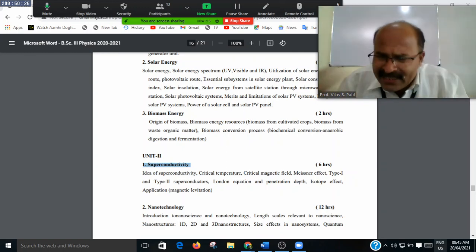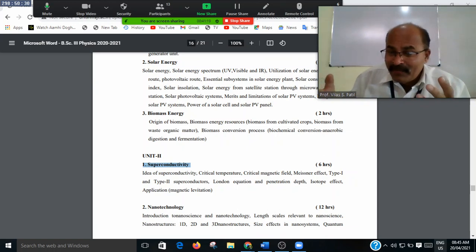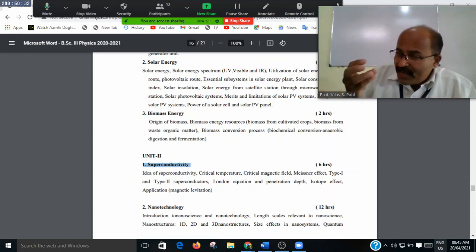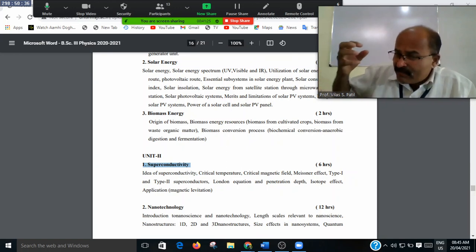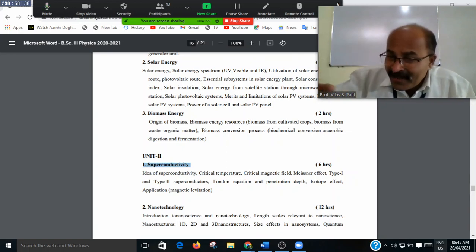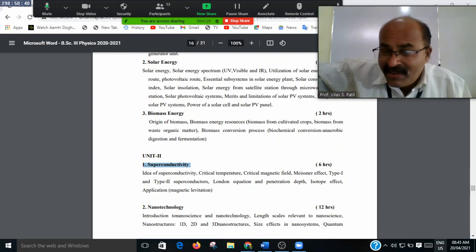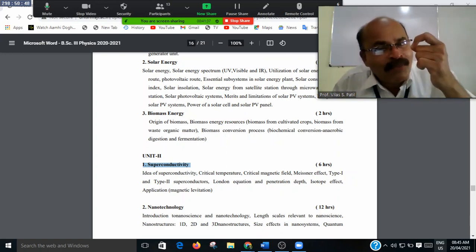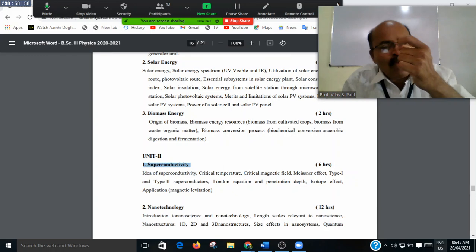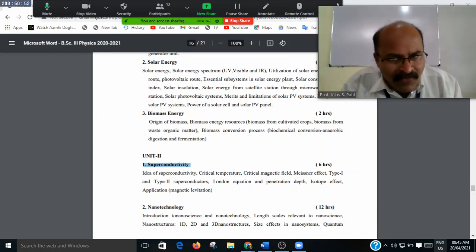Like that, some of the material will appear at some temperature or at some magnetic field. The phase will be changed, it will appear like a superconductor for a very small time, and that will be the phase.